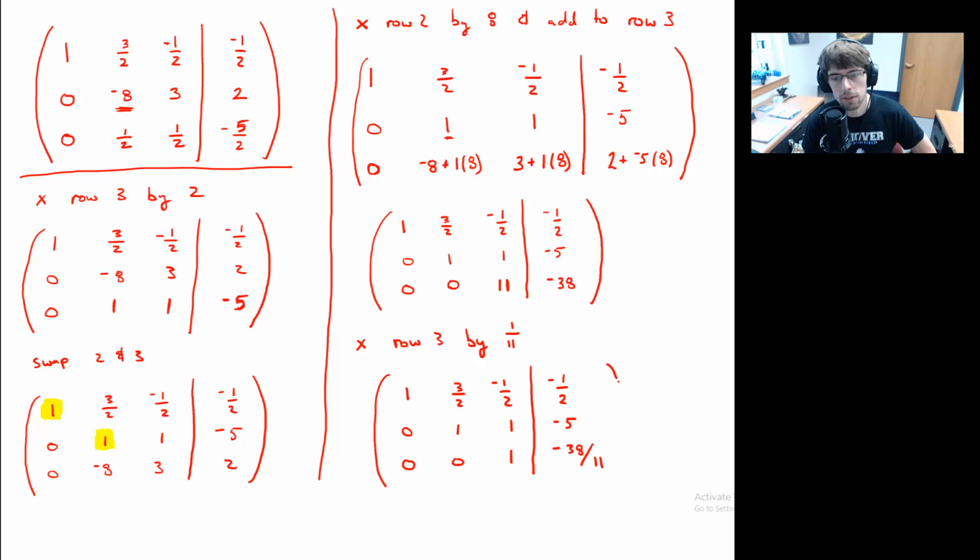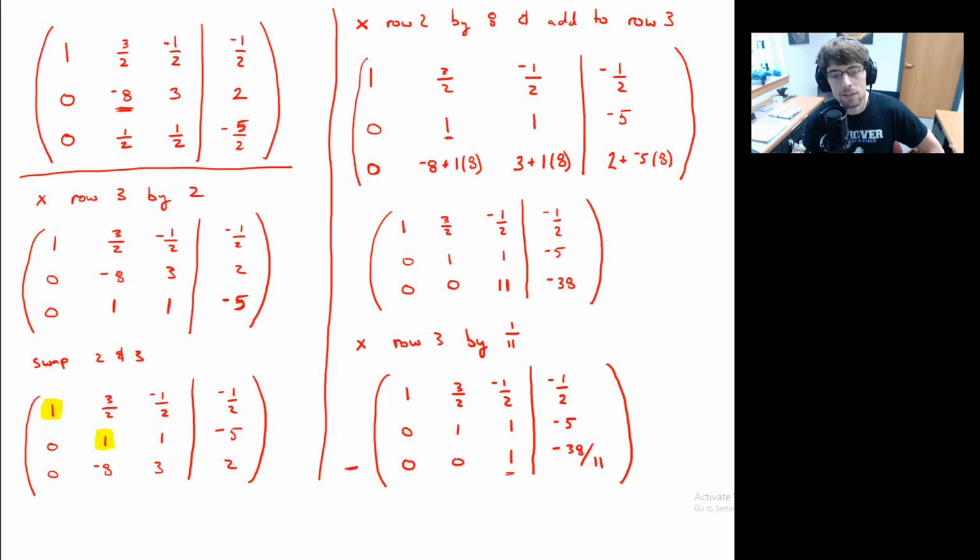You say, how is that? Let's look again. Remember, each one of the rows represents a different equation. And now that I have performed the Gaussian elimination, I have the third row, which only contains one variable.